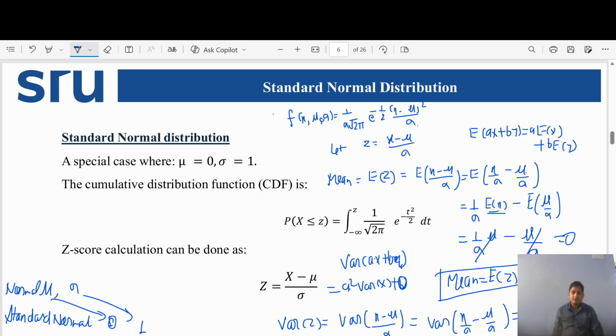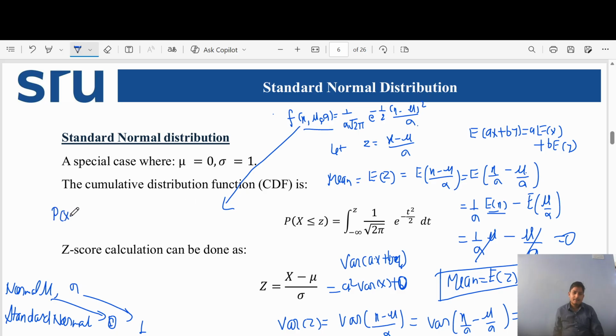So how does this transformation work? If f of x comma mu comma sigma is 1 upon sigma root 2 pi e to the power minus 1 by 2 x minus mu by sigma whole square, we just transform this here.